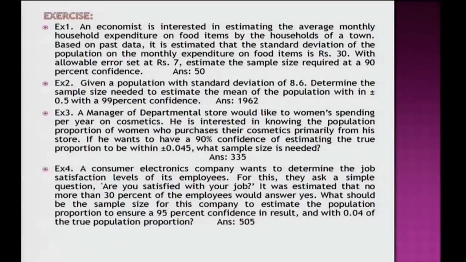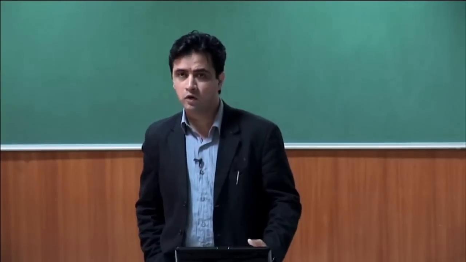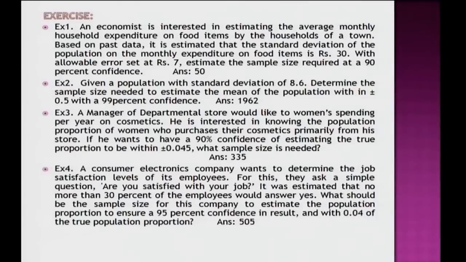Based on the past data, it is estimated that the standard deviation of the population on monthly expenditure of food items is 30. So, population standard deviation sigma is known to us, which is 30, with an allowable error of 7. That means x bar minus mu or E is 7. Estimate the sample size required at 90% confidence interval.